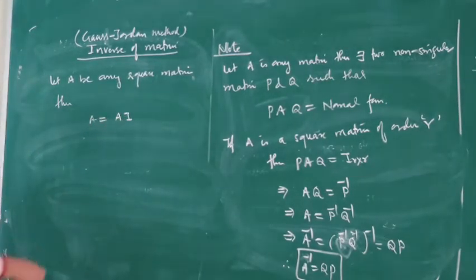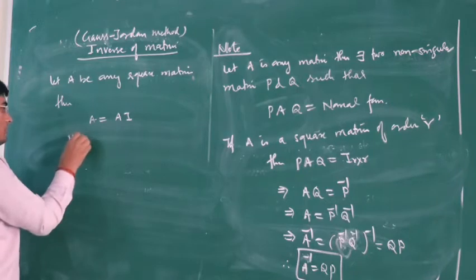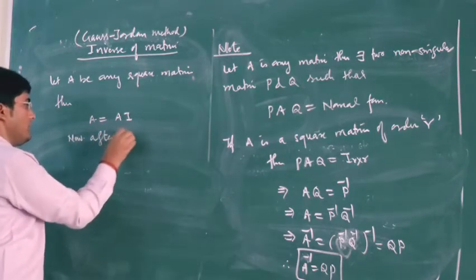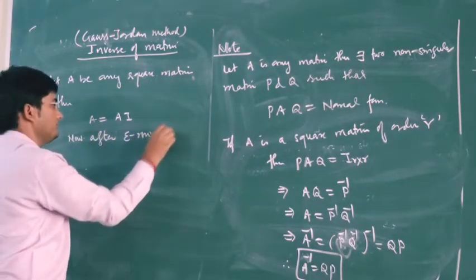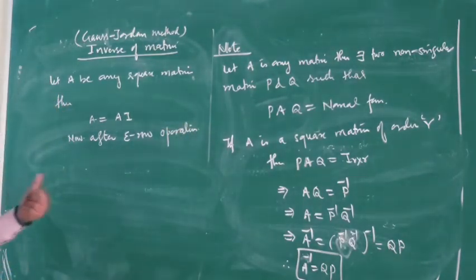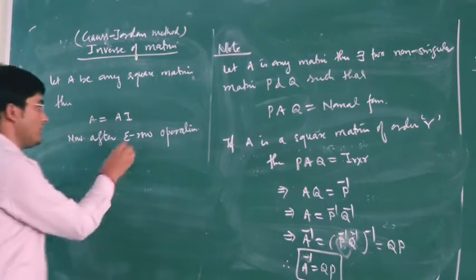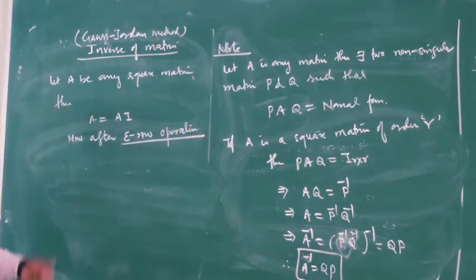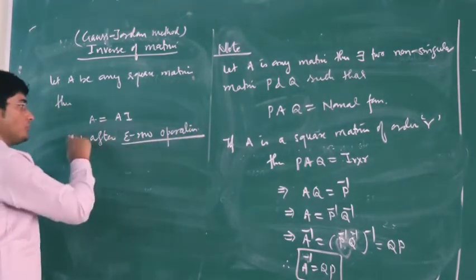Now let us apply elementary row operations. Please note that here I am applying elementary row operation on both sides.